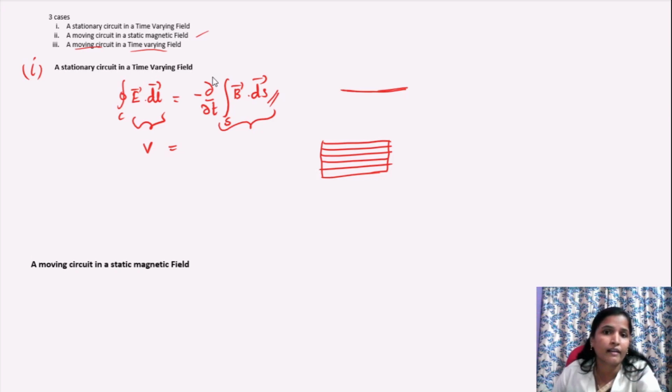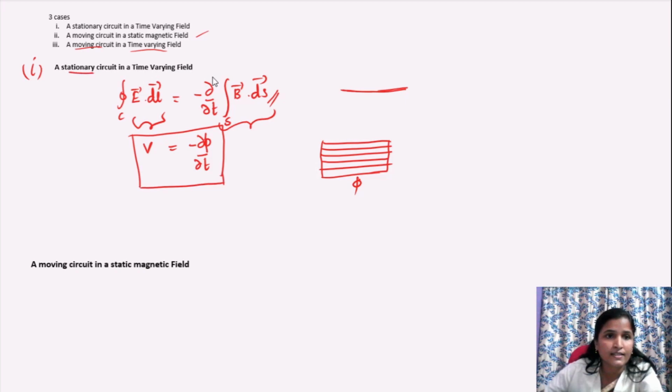What is the meaning of it? It is simply the flux, the total number of flux lines in that area. So we can replace this integral of B dot ds with phi, that is your flux. So minus dou phi by dou t is the induced EMF that we got in the first case.